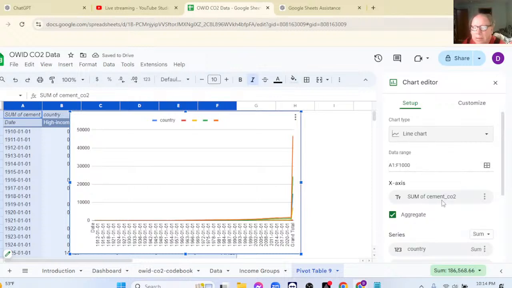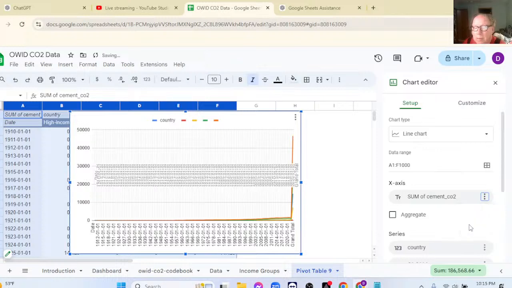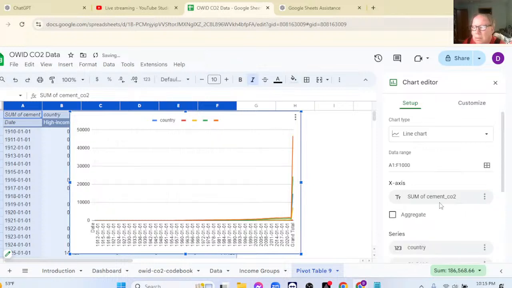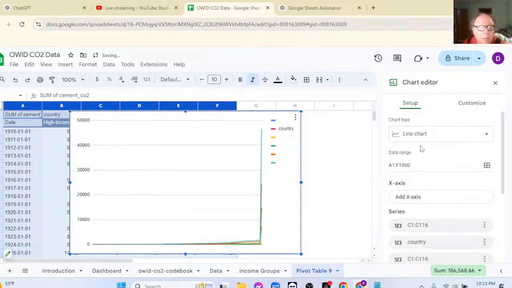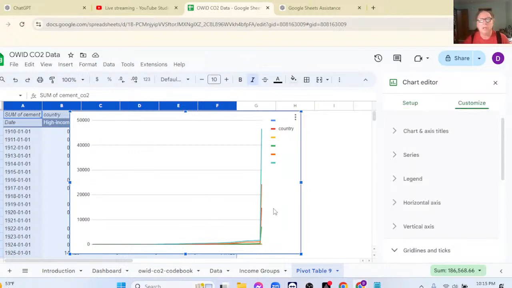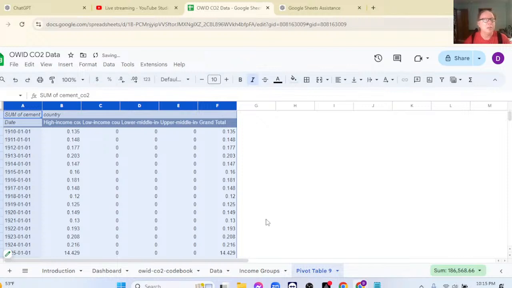See, the x-axis is date. Okay, so maybe this isn't going to work just the way I thought it was.